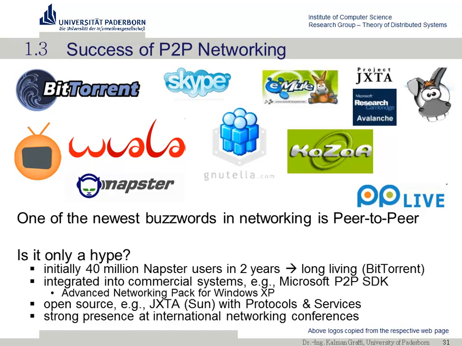Sun, now Oracle, also had JXTA, which was very popular. They tried to create some standardized protocols or services, and there's still a strong presence at international networking conferences. So peer-to-peer is still one of the bigger topics in distributed networking.